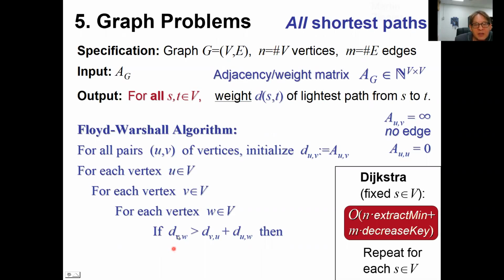So for a path from v to w, if the current shortest path weight in the array is worse than first going from v to u and then from u to w, then by triangle inequality, the algorithm will improve that.